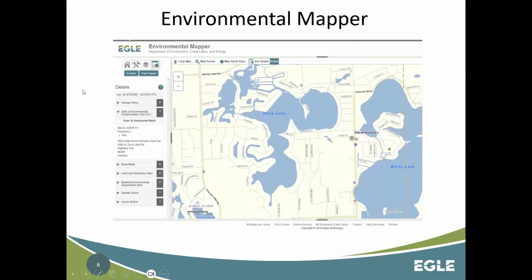And then, as we stated before, Environmental Mapper is one of my favorite things to use. And just as a reminder, for all well permits that come in, I think that you should be doing this as a first check, just doing that due diligence, making sure that the well that you're permitting is not in an area of well contamination. So as you can see here, you just input an address and it pops up in the location, and then you have all of these little icons that show you potential sources of contamination.